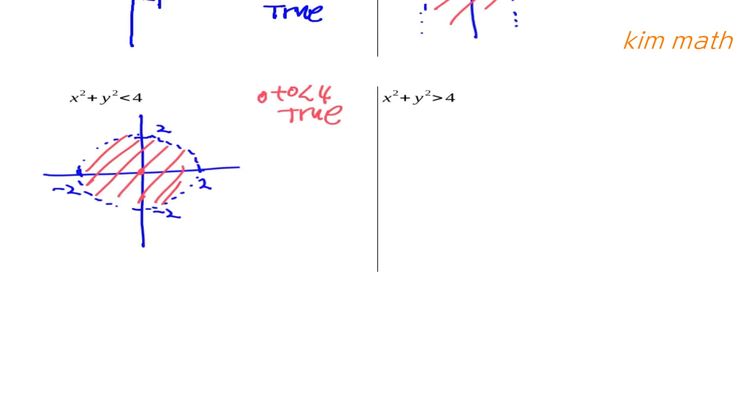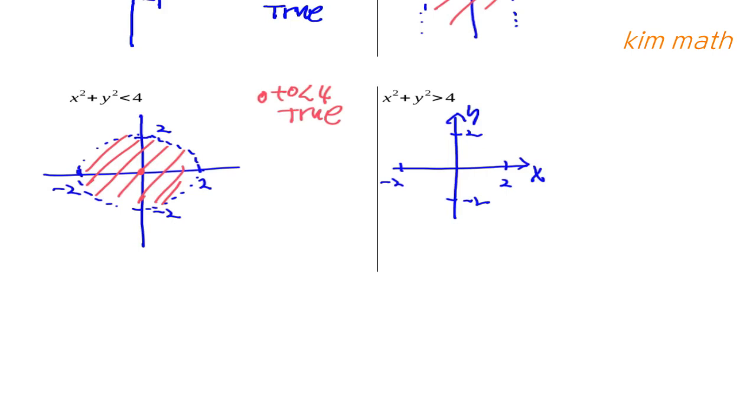Okay, almost the same inequality. The x-axis is here, the y-axis is here, and x squared plus y squared equals 4 is the circle whose radius is 2 here, right? Same picture.